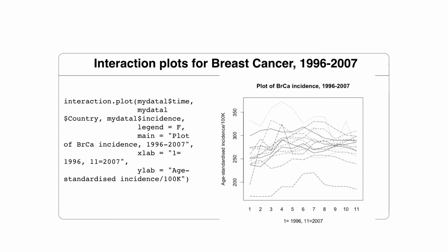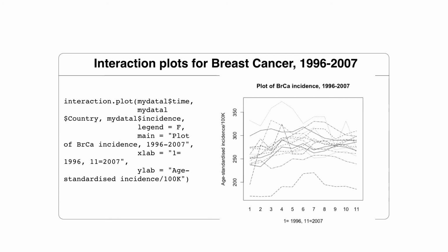So we say my data 1 time as something that will go into the x-axis. And note that when we converted the data from wide to long format, it had calculated 11 time points. So 11 time points will be plotted on the x-axis.